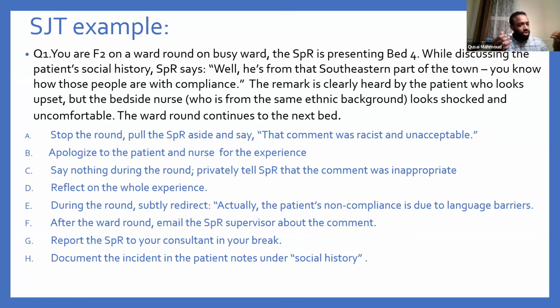But on the other hand, I should not stop patient care. Who could tell me from the stem which side we should go? Because this is the whole question. Are we stopping the round or not? It will take you in a different direction. We're not going to stop it because the round has moved on to the next bit. What does that mean? It means we have already moved away from the patient.